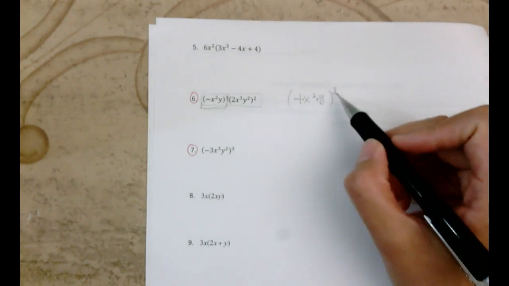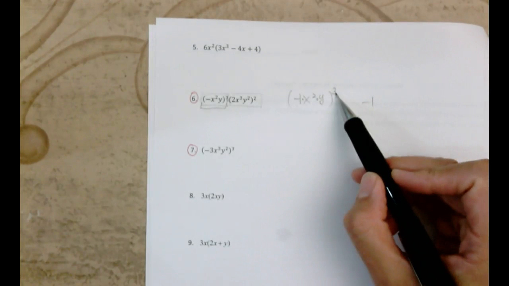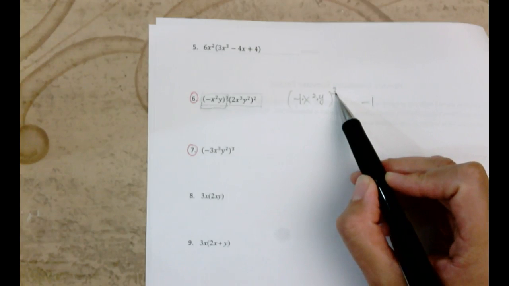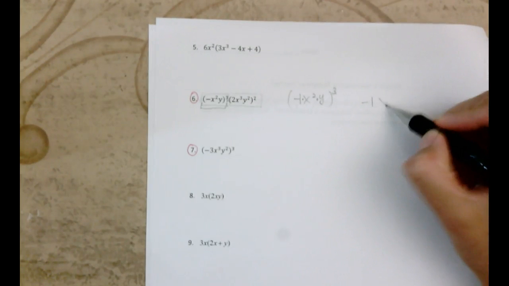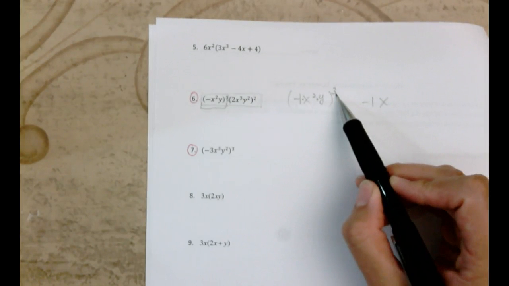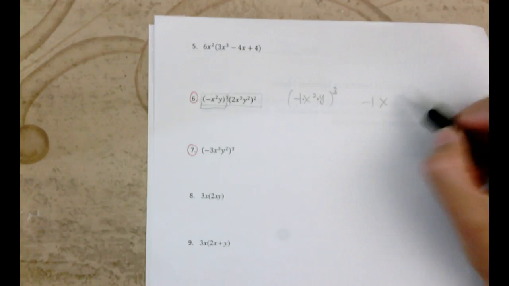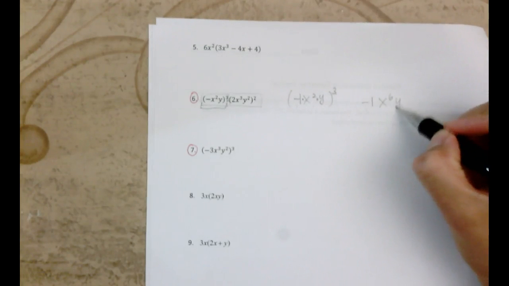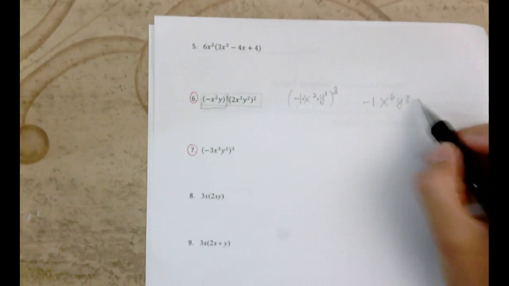So minus 1 to the third is still minus 1. To the second is positive 1. Any odd power of minus 1 is negative 1. And for x, when you have a power to a power, you multiply. So 2 times 3 is 6. And there's a 1 there, so 1 times 3 is 3. So that's the first term.